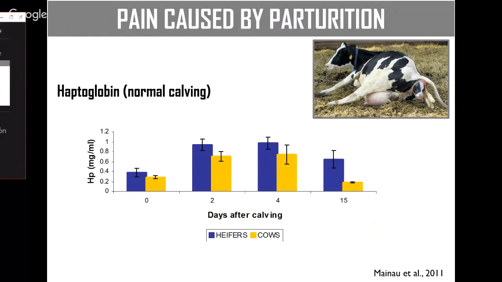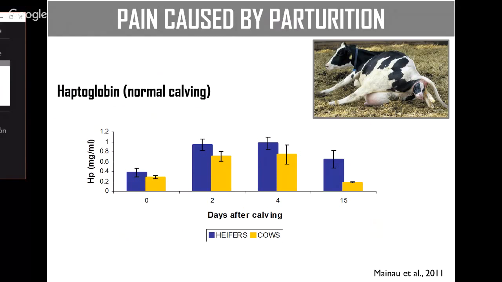As you can see in this slide here, in the particular case of heifers, in blue, even 15 days after a normal calving, the concentration of haptoglobin was significantly higher than the baseline level.